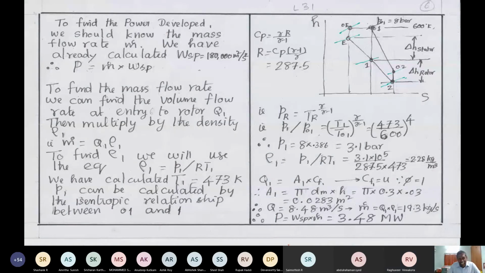Don't you think that these turbines produce so much power for small size? Okay, the reason is the specific work is very high, and another thing is the speed of rotation. We have not calculated the speed of rotation. Okay, can someone quickly calculate this? Anybody has a calculator? Quickly calculate the speed and tell me.